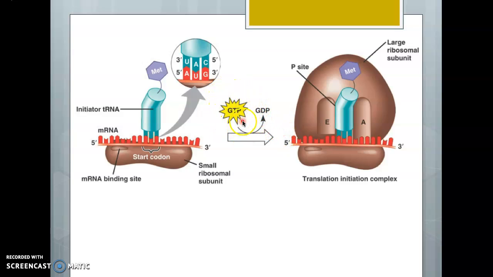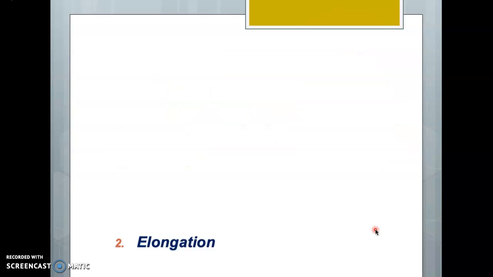Here's the GTP that I just mentioned. And now you have the completed ribosome that is all set up and ready to go. Don't worry about these, I don't know, what do they look like? Hot dog? End of a hot dog sections. We're not going to add that into our discussion.